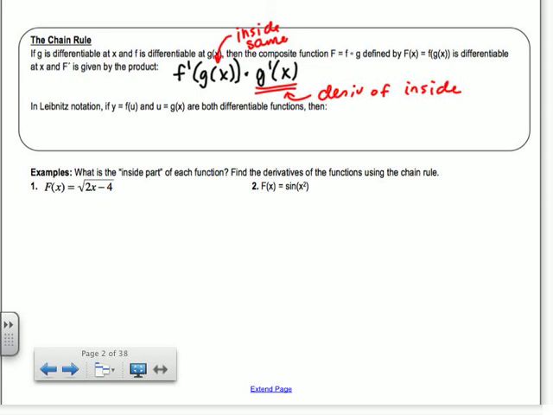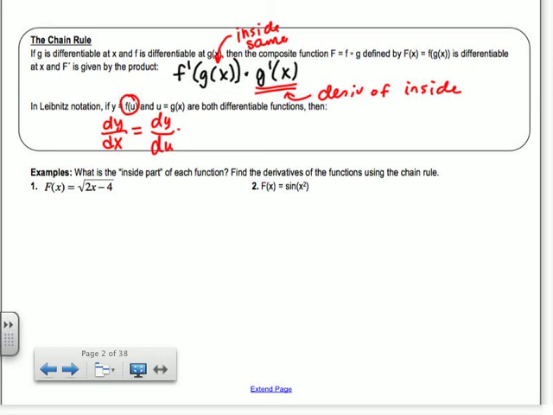Okay, so that's our Newton notation with the primes. In Leibniz notation, if you have y equals f of u and u is equal to g of x, that means you have f of g of x. Then the derivative of y in terms of x equals the derivative of the y value, but it was in terms of u, so all of its variables were u.